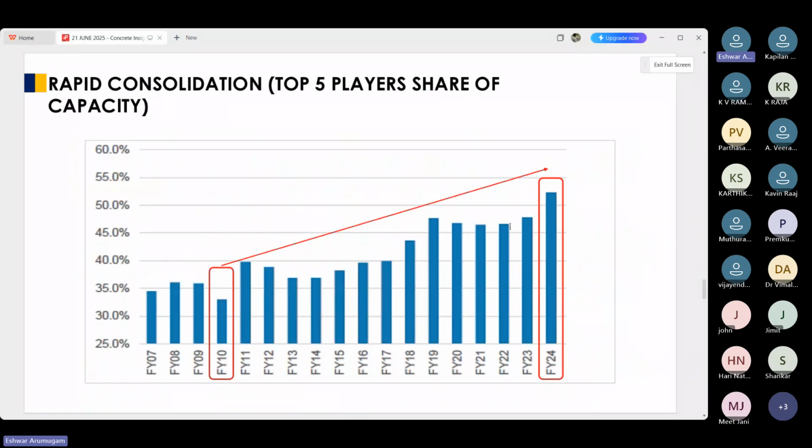So if you see, in the past 10 years, the top five players' share of the cement industry's capacity used to be sub 35%.